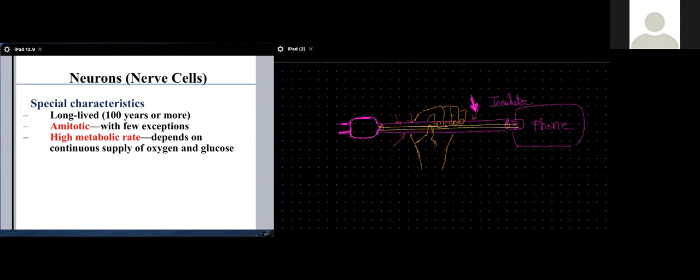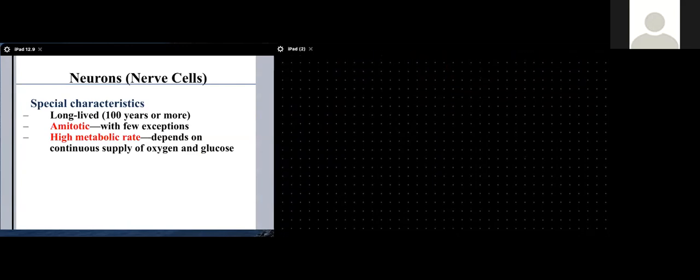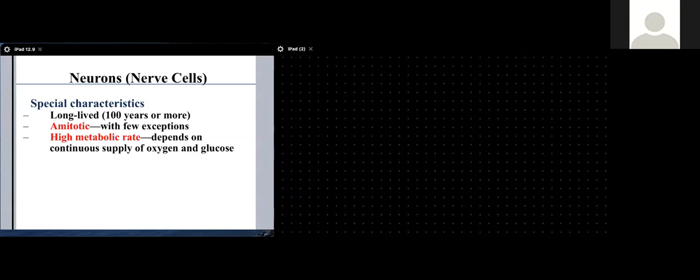All right, so looking at the neurons, the nerve cells. Nerve cells are long-lived cells. They live 100 years or more. They are amitotic. What I mean by amitotic is they do not perform a nuclear division, and thus they don't perform a cell division.